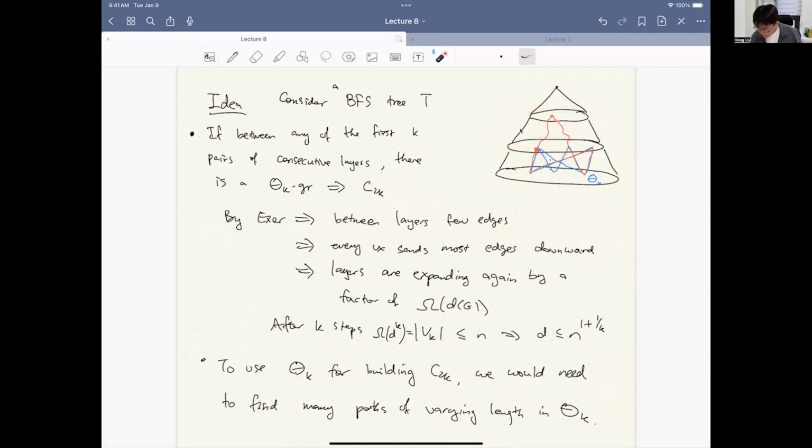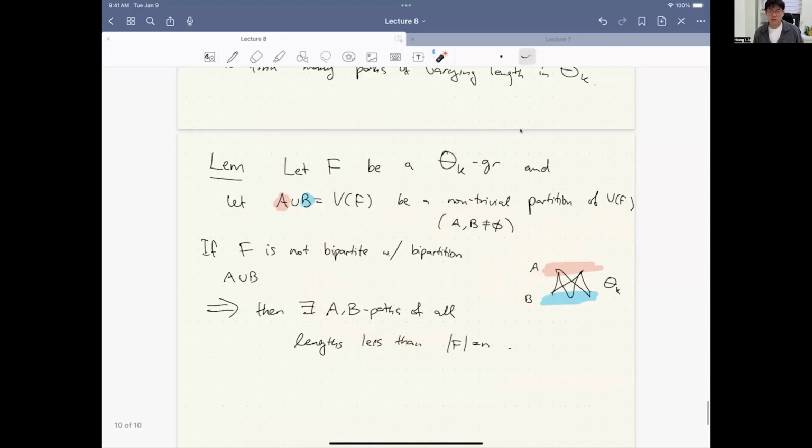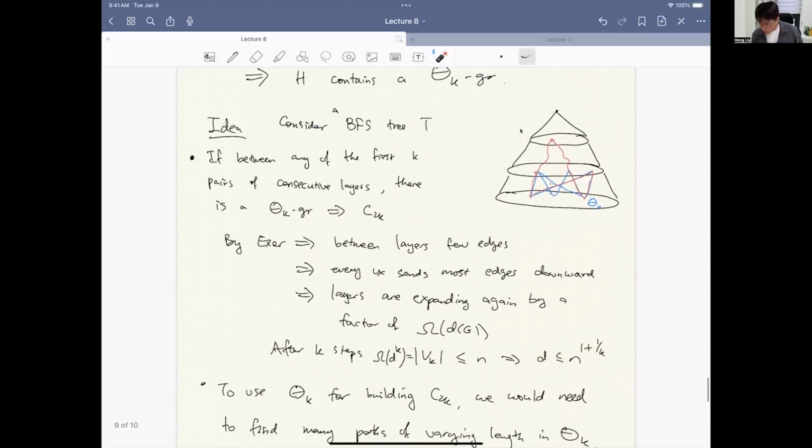If you ever have a theta k, like this blue one there, using this lemma, that it's very rich in paths of different length, then we can use these many paths of different lengths together with this tree structure you trace back cleverly to close this path into a cycle of the desired length 2k. So between two consecutive layers, no theta k.